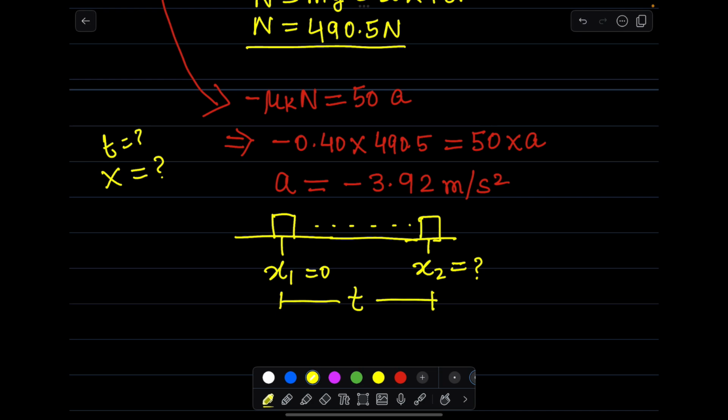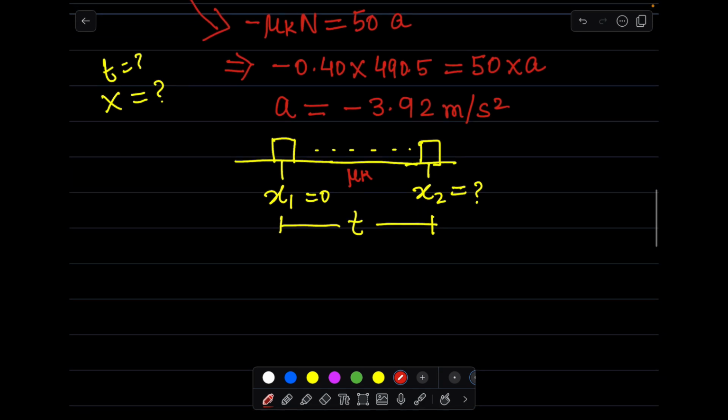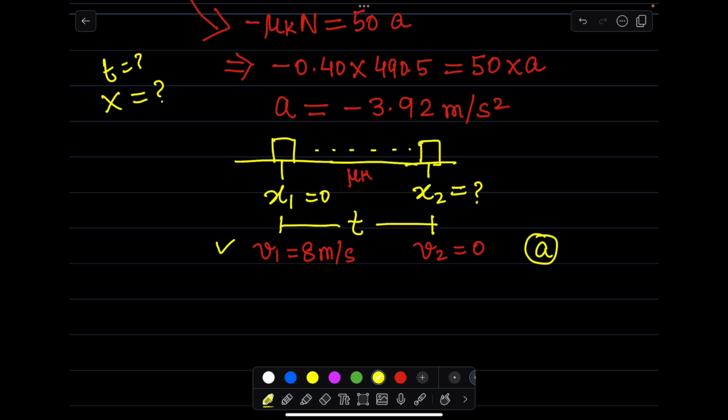But at this moment, when it will reach the x2 position, because of the friction factor, it will stop. So when it will stop at x2, the velocity v2 will be 0, and v1 is already given to us. It is 8 meter per second. Guys, now we have acceleration, we have velocity, and we need to calculate the displacement x and time t.